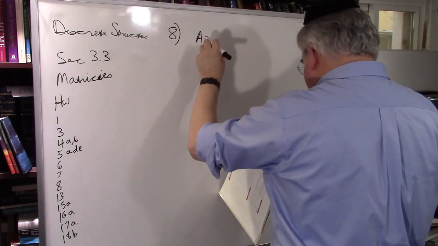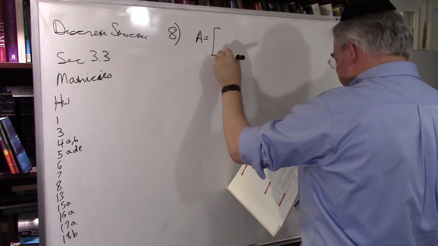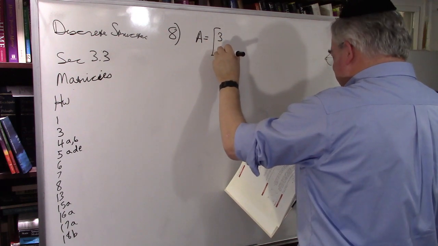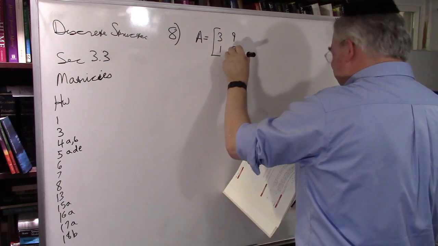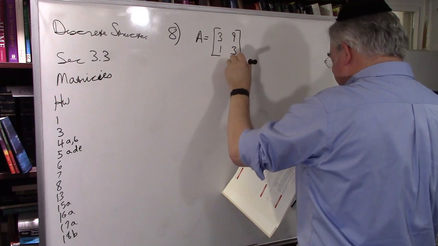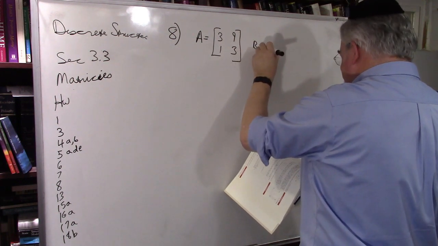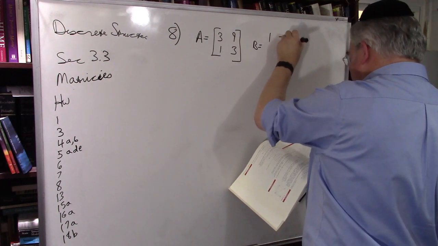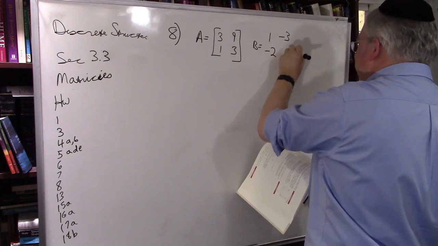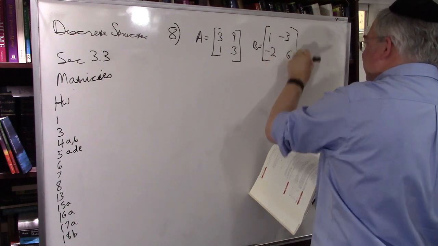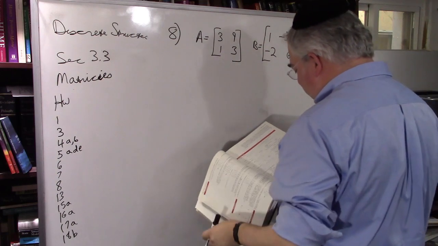A equals 3, 1, 9, 3. B equals 1, minus 3, minus 2, 6. Sorry. You all have it on your paper, but I have to read through it.